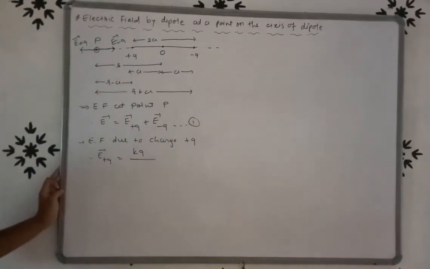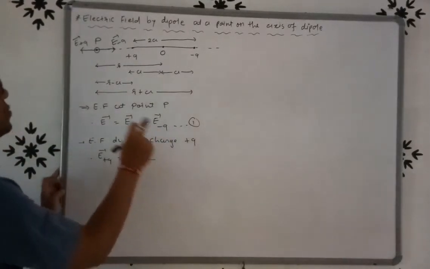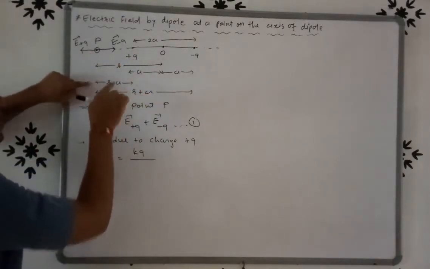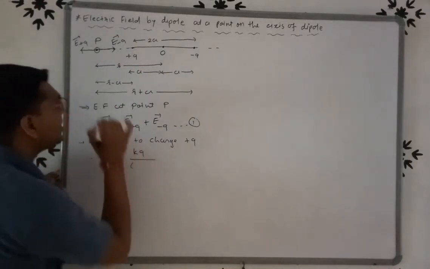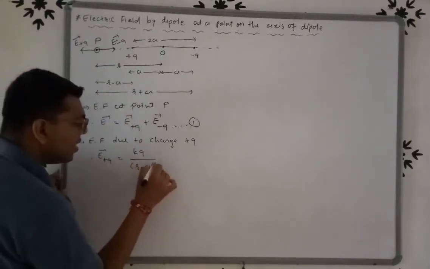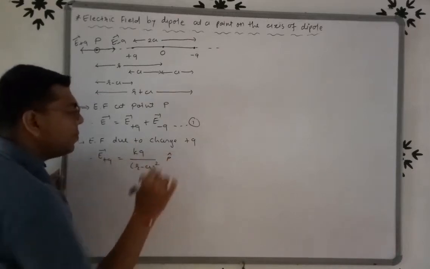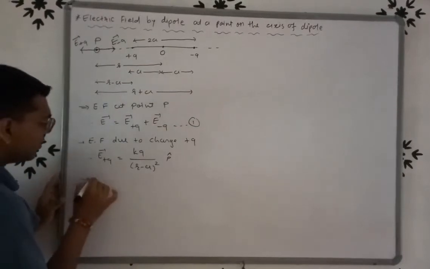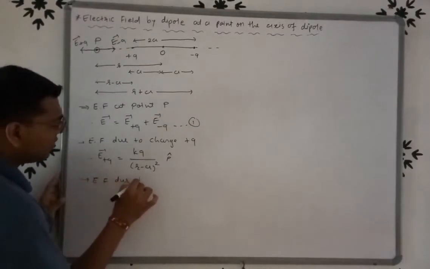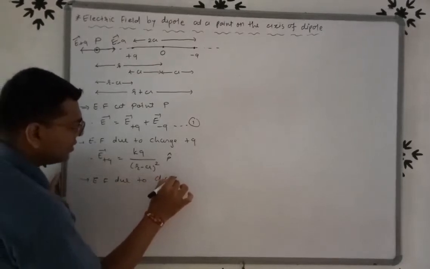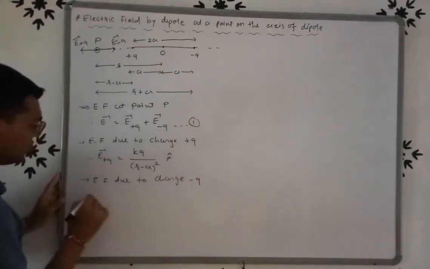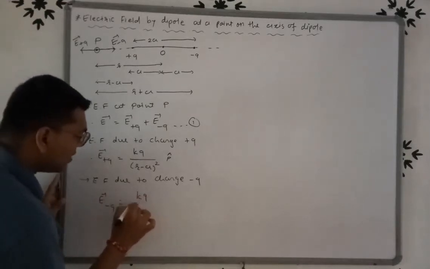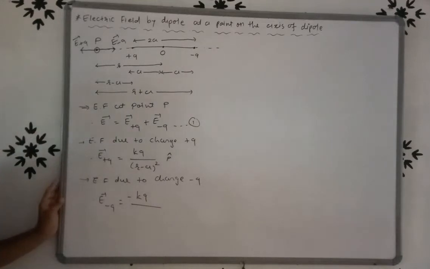Here r is the distance between plus Q and point P. So see here friends, the distance between plus Q and point P is r minus a. So kQ upon r square, but the value of r is r minus a, whole square, and the direction is P cap. Okay. Now, the electric field due to the negative charge, the charge minus Q. So vector E minus Q is kQ but negative charge, so minus kQ upon r square.